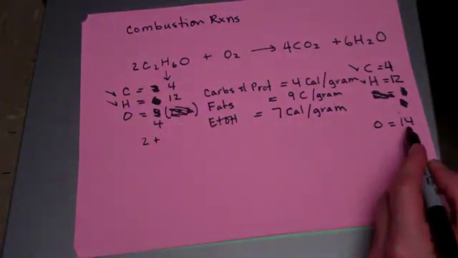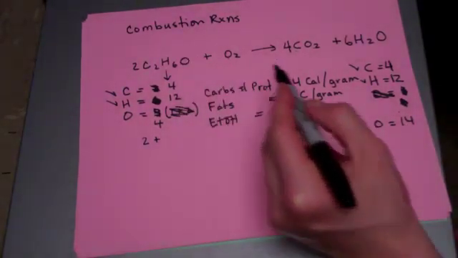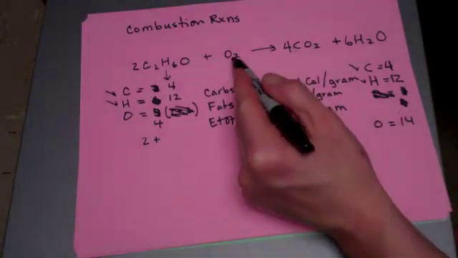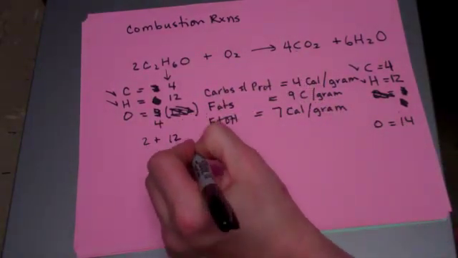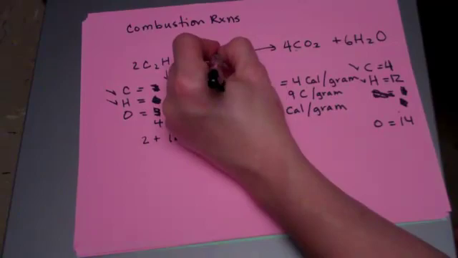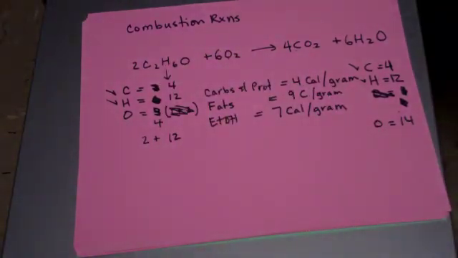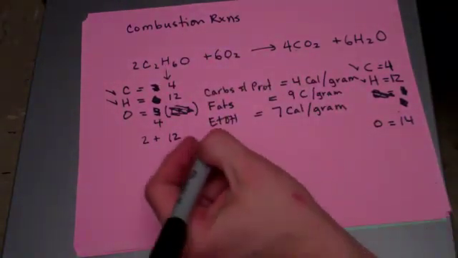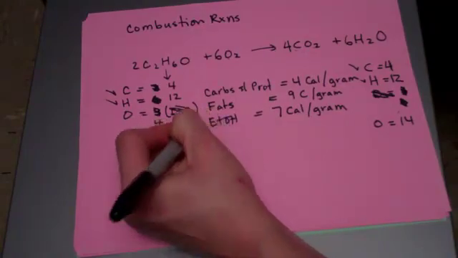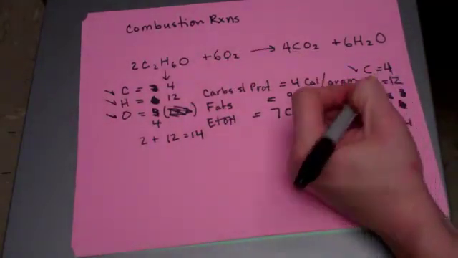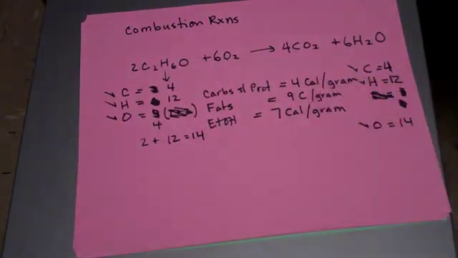So 2 of the 14 are going to come from this molecule. That means 12 of the rest have to come from this. So we're going to need 12 more. We can get that by placing a 6 out in front here. And that's going to give us our 14 oxygens. So now we're balanced with our equation written this way.